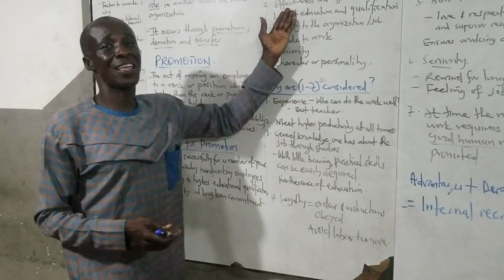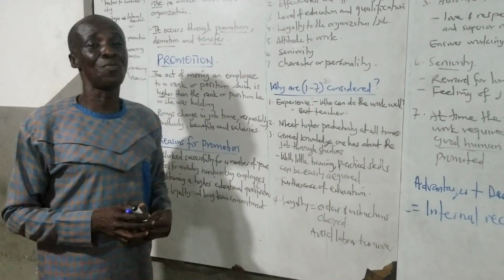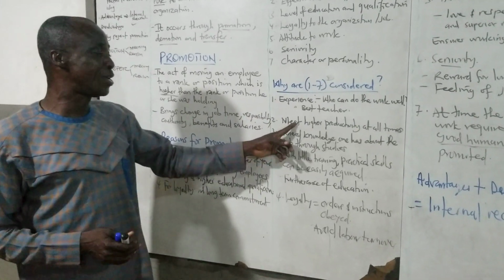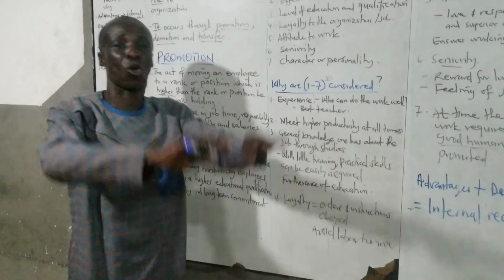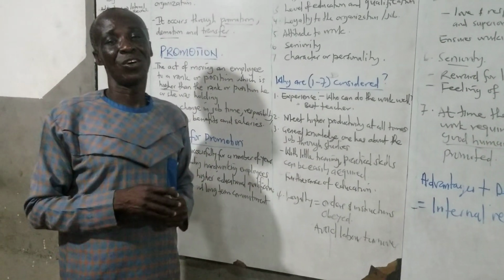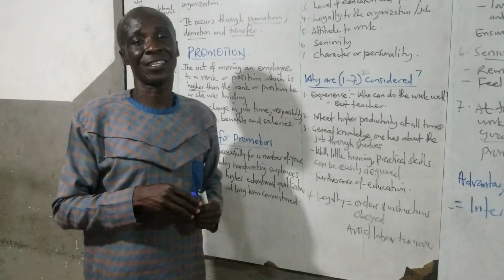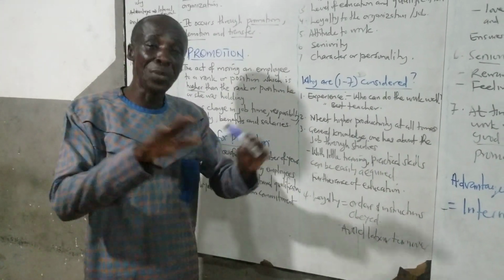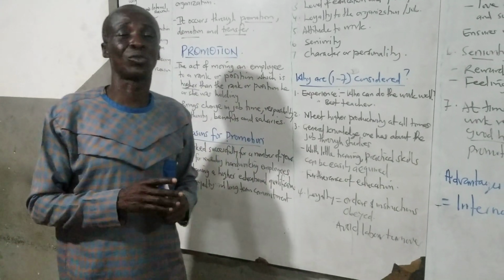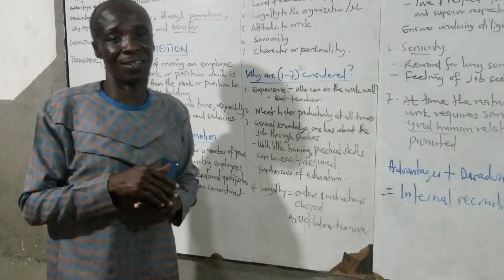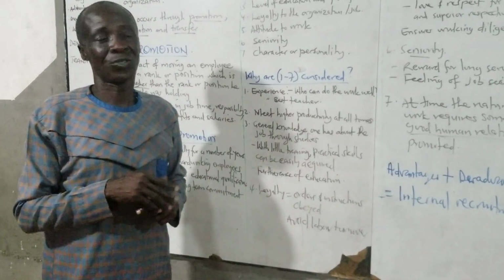So if you are effective and efficient, you may be promoted. So why is it considered? To meet a higher productivity at all times. They will consider the one who is effective and efficient. With minimum resources, this person is able to achieve his objective. The person has acquired so much skill. So that is for that one.